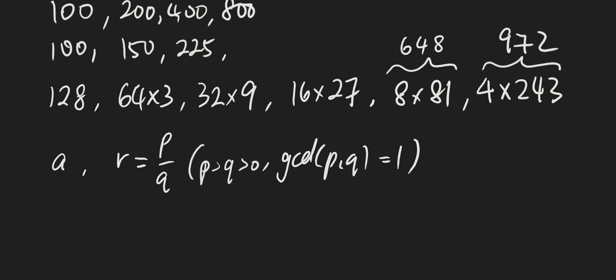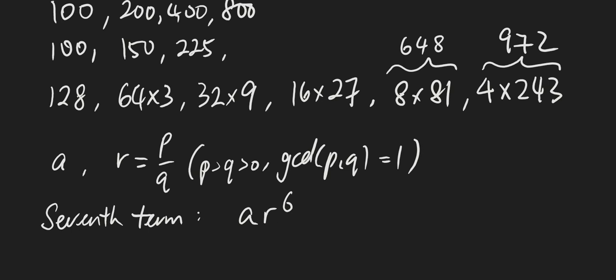So here we have a sequence of 6 terms. Let's see if we can break that record. Alright, let's see if we can find a 7th term. A 7th term would mean that it must be a times r to the 6, right?